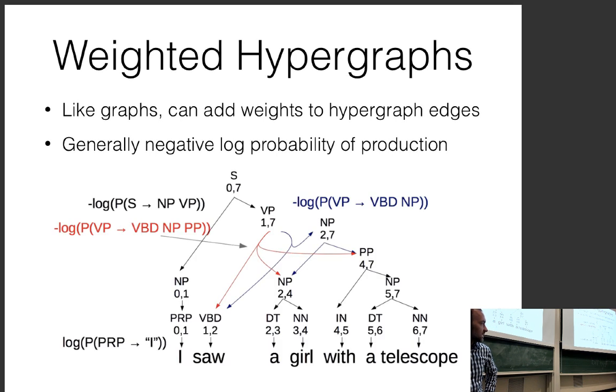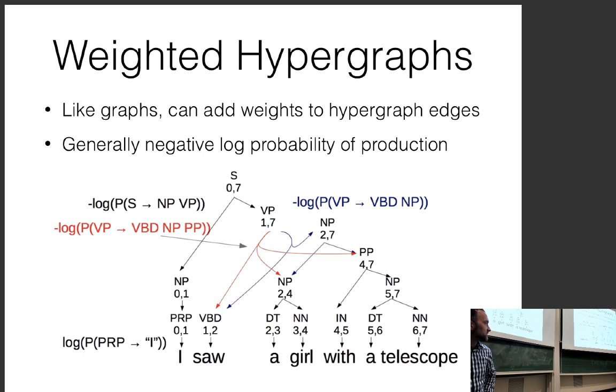So for example, the weight of this edge up here would be the weight of going from a sentence to a noun phrase and a verb phrase, maybe conditioned on this particular context. The weight of this hyperedge here would be the weight of going from a verb phrase to verb, noun, prepositional phrase, maybe conditioned on this particular context, etc.